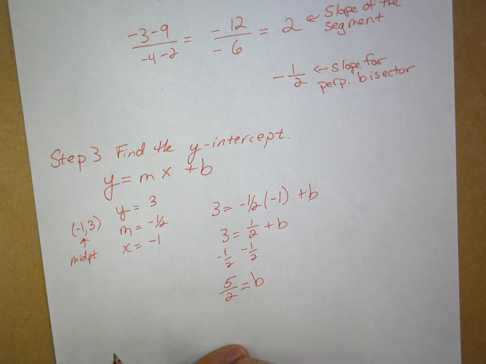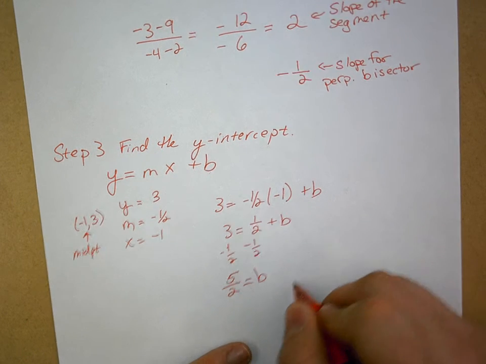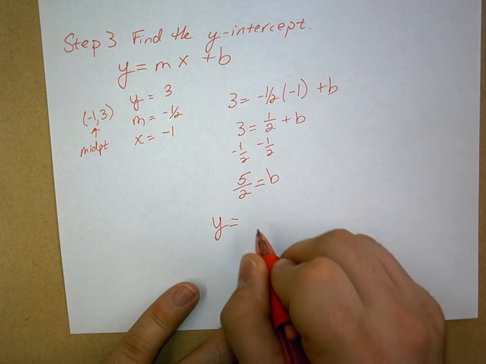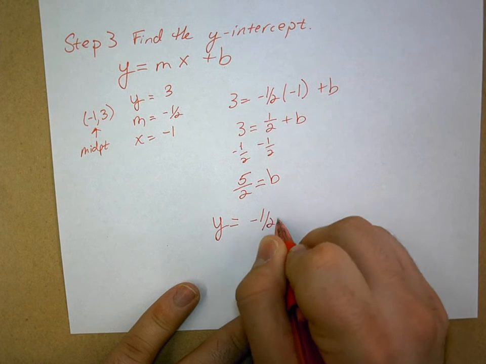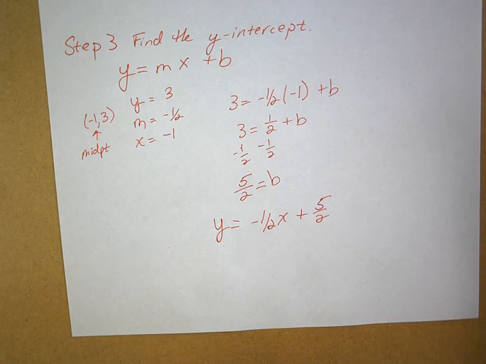Okay, gave you some time to work that out. So, our equation for the perpendicular bisector is y is equal to -1/2 x plus 5 over 2. You could also express 5 over 2 as 2 1/2 or 2.5. I'd like to keep everything as an improper fraction. Feel free to do whatever you'd like.